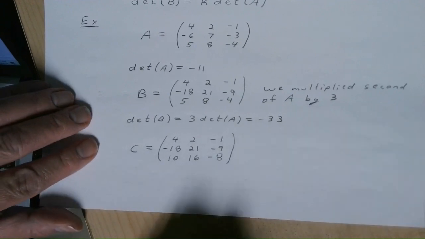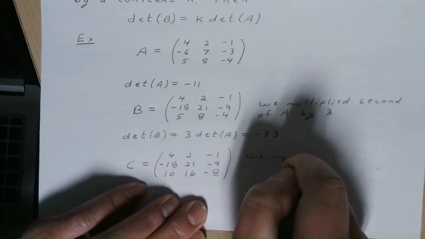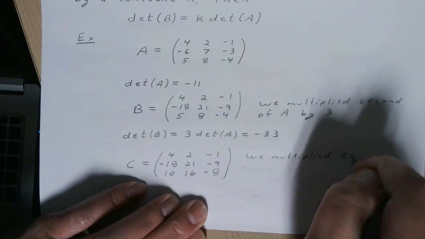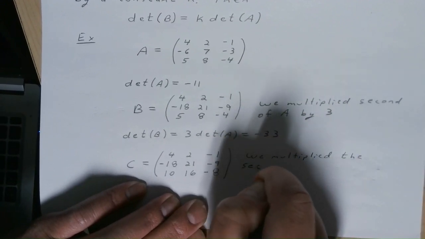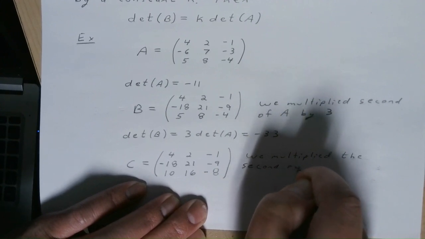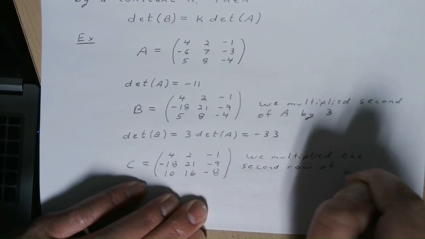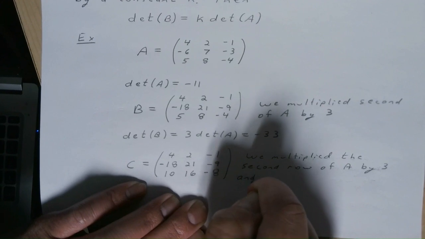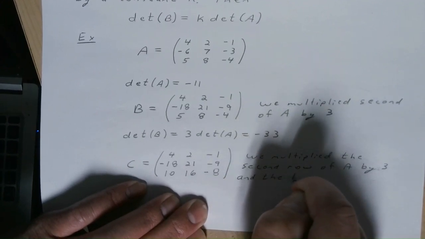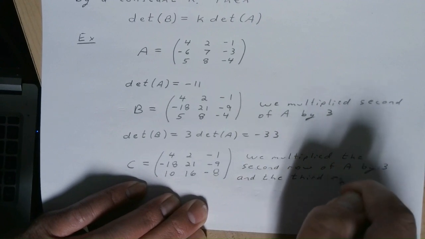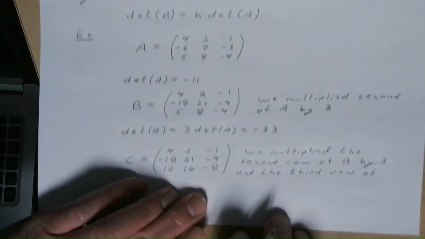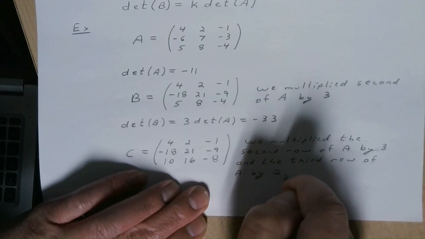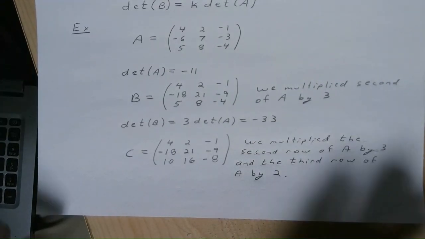So again, what we did, we multiplied the second row of A by 3 and the third row of A by 2, like that, in order to get C.